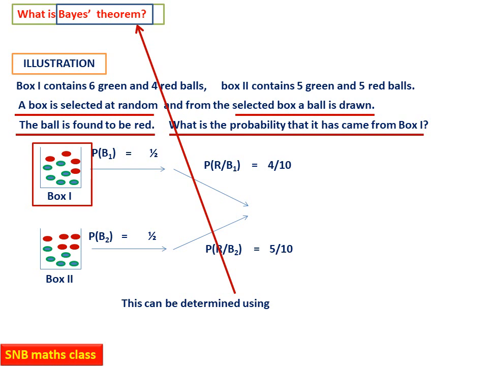It is probability of B1 given R. It is red, but what is the probability that it is from B1? That is the reason it is also known as the reverse probability theorem. So let us first state the theorem and then prove it. Then we will work out a few examples in this lesson.